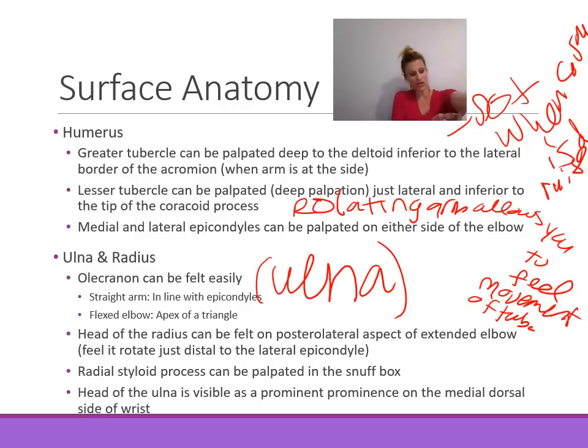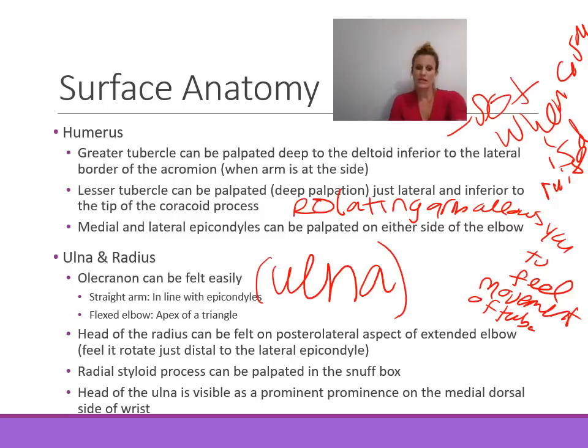When the arm is straight, the olecranon is in line with the epicondyles, the bony protrusions on the sides. When the arm is bent, they form a triangle with the olecranon being the apex, because there's a straight line between the epicondyles, and then they form an apex at the olecranon. So this bony protrusion is the olecranon.